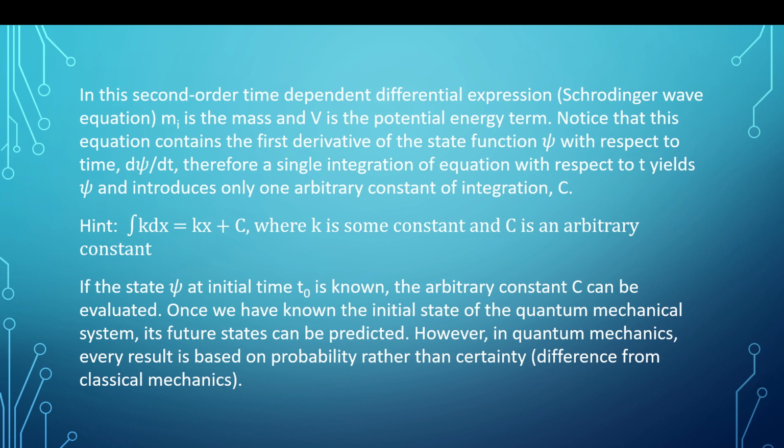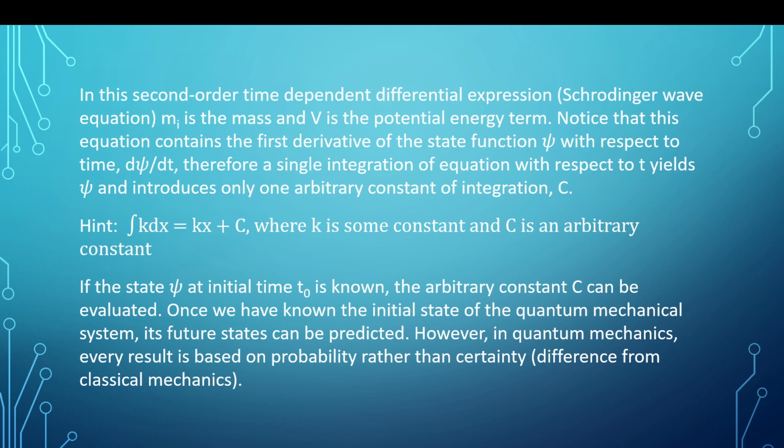Therefore, a single integration of equation with respect to t yields psi and introduces only one arbitrary constant of integration c. Hint is given here. Integration of k dx, where k is some constant, yields kx plus c, where c is some arbitrary constant called integration constant.